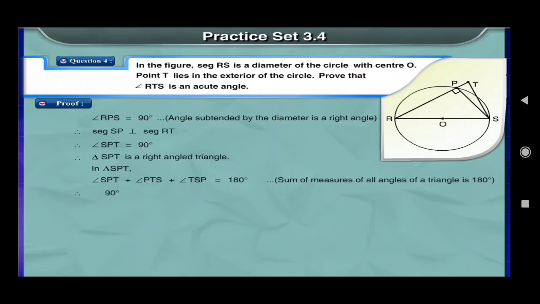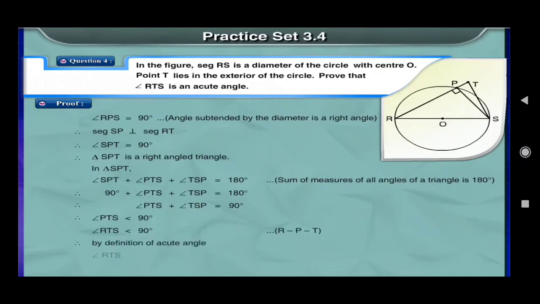Therefore, 90 degrees plus angle PTS plus angle TSP is equal to 180 degrees. Therefore, angle PTS plus angle TSP is equal to 90 degrees. Therefore, angle PTS is less than 90 degrees. That is, angle RTS is less than 90 degrees, since point P lies between points R and T. Therefore, by definition of acute angle, angle RTS is an acute angle.